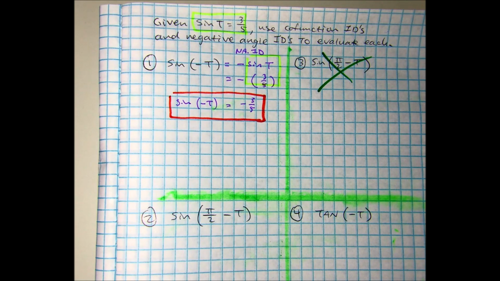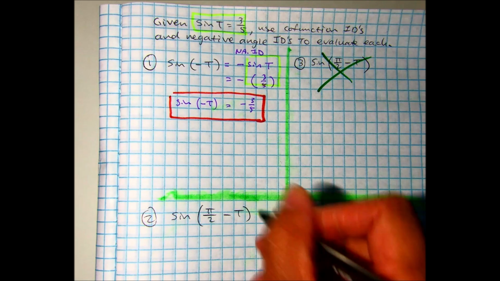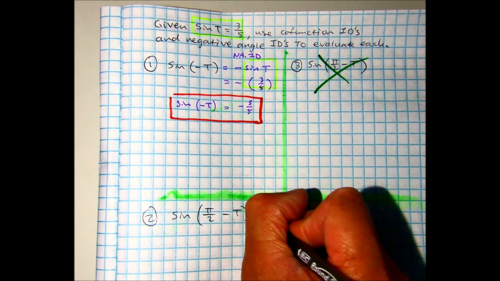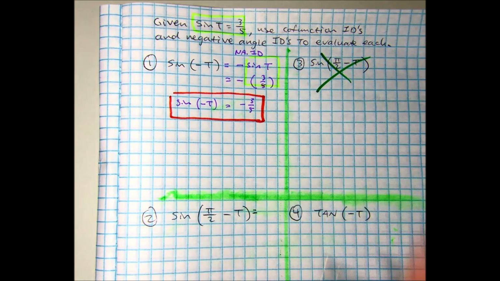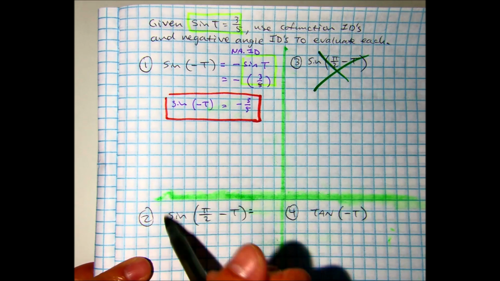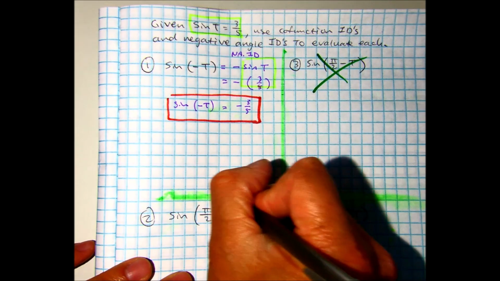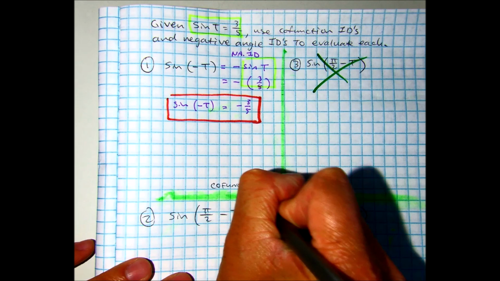Okay. Partner B, tell partner A, what does this equal? What identity is it, and what does it equal? Fabrizio, what's the name of this identity? Co-function identities.